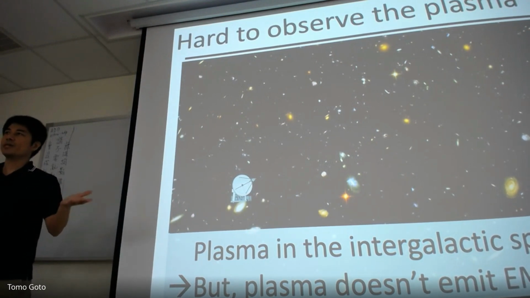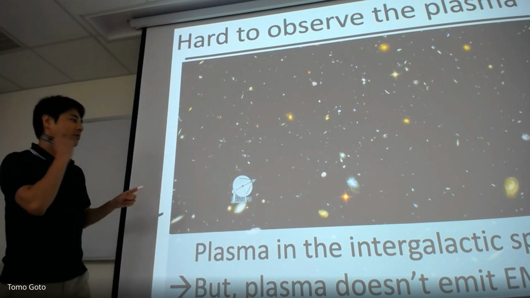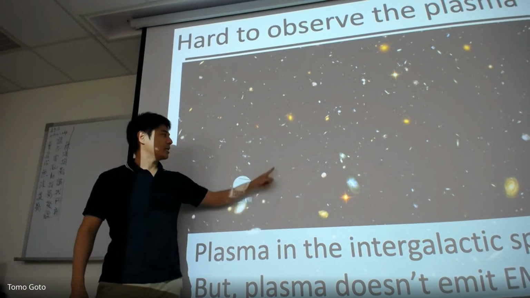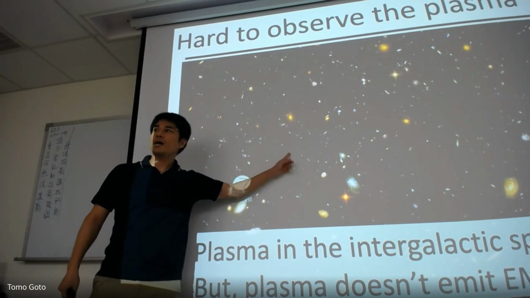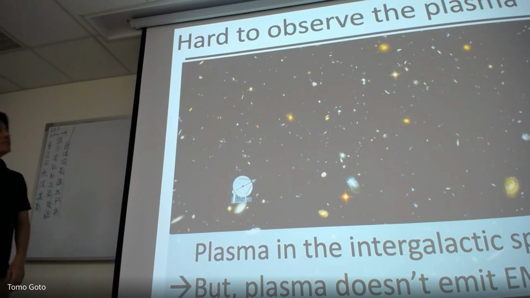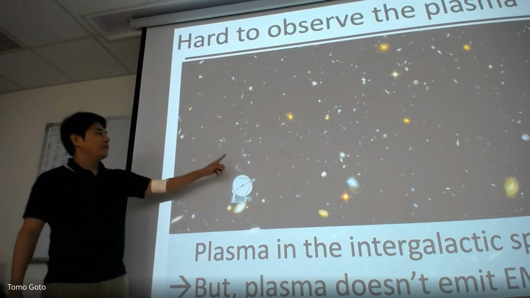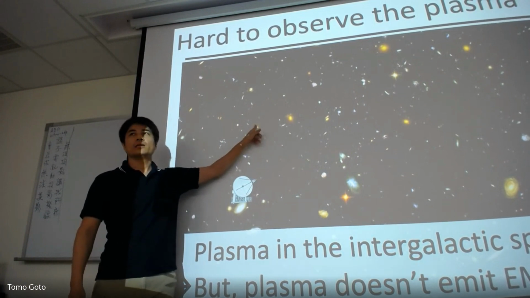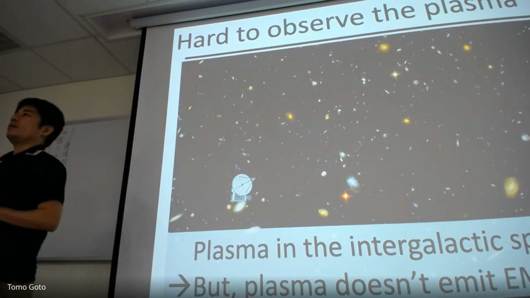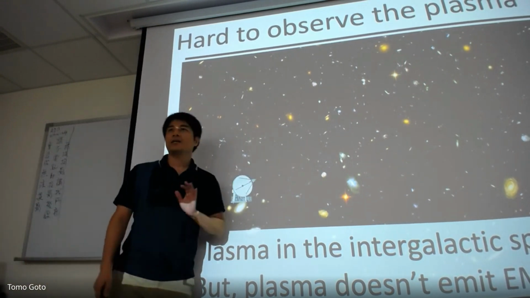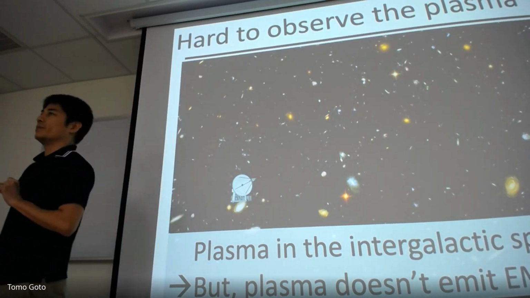It looks empty. We cannot detect electromagnetic waves from intergalactic space. That's why it looks dark. So that means we can only observe baryons in galaxies. If there are baryons in intergalactic space, we are not observing them.